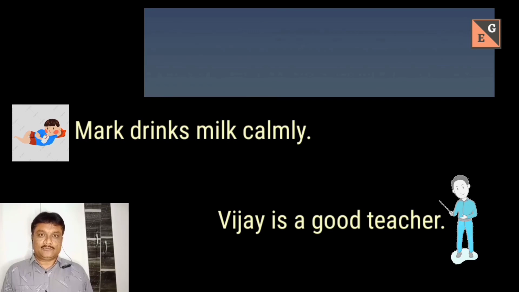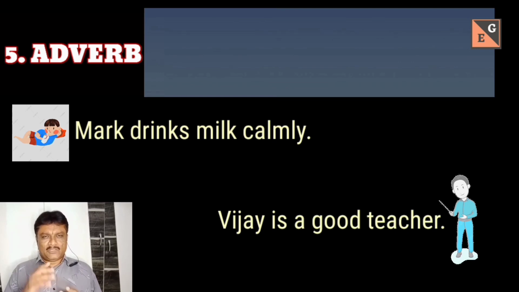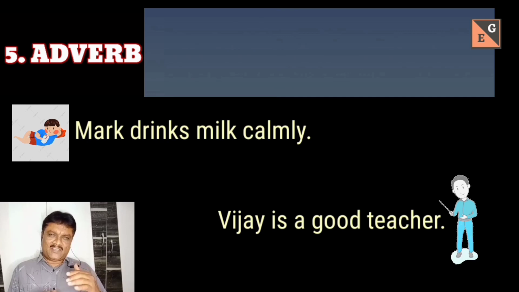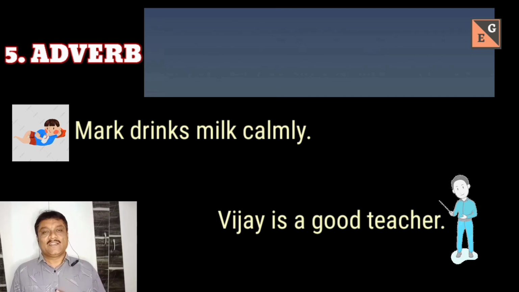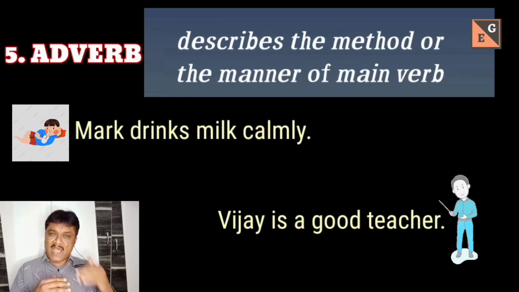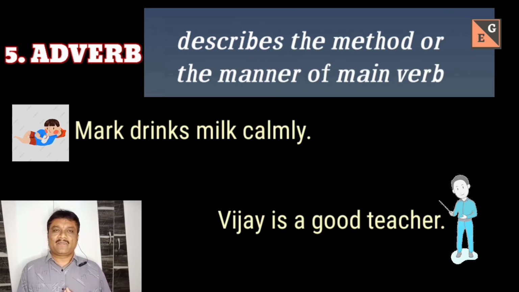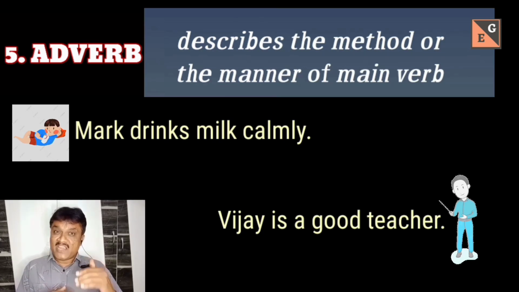And now is the last element, that is adverb. Friends, what the adjective does with a noun, so is done by an adverb with a verb. That is, an adverb describes the method or the manner of doing a specific action, or the manner or the method of the main verb.